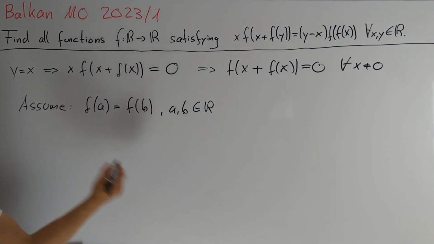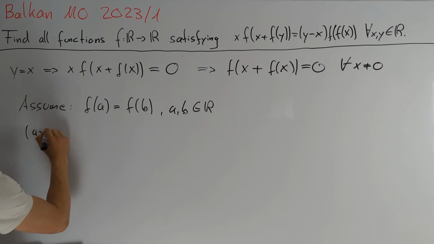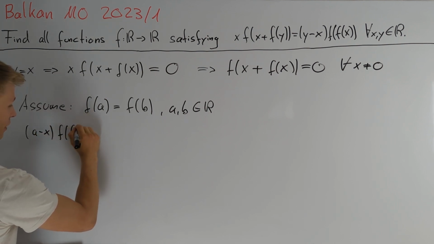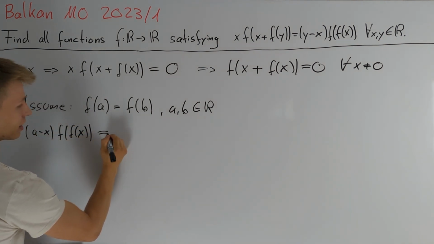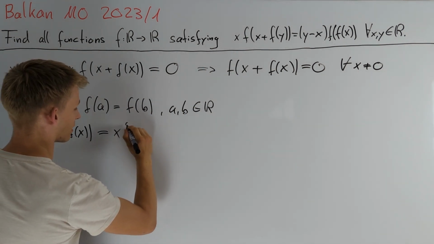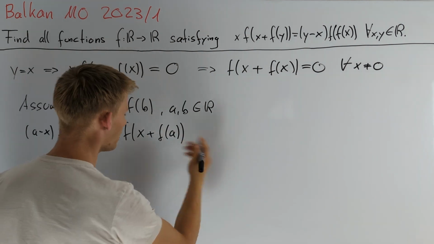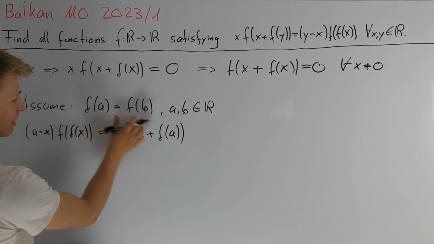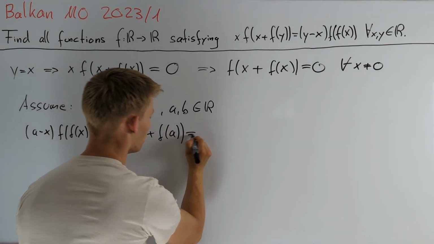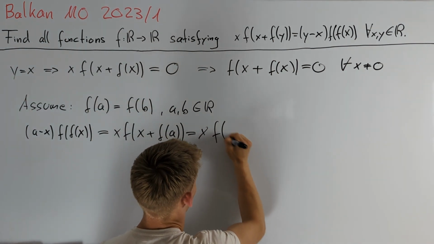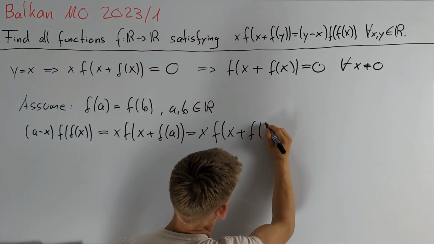So let's do this to get that a minus x times f of x is equal to x times f of x plus f of a. Here we can use the fact that f of a equals f of b to get that this is equal to x times f of x plus f of b.